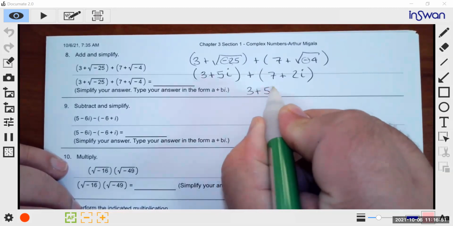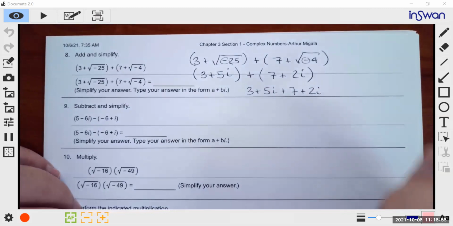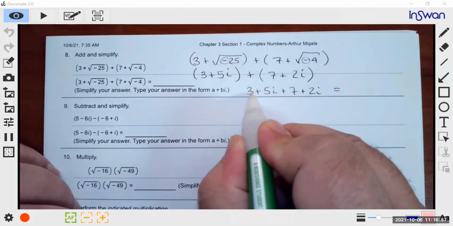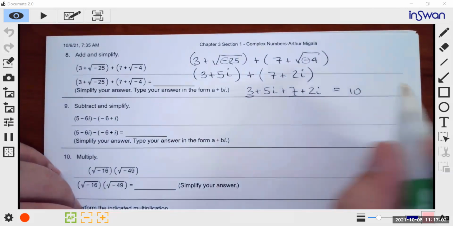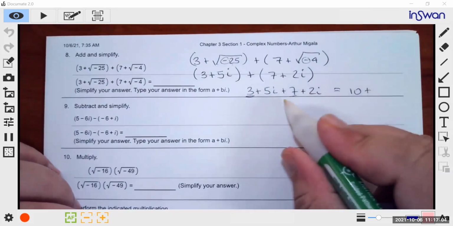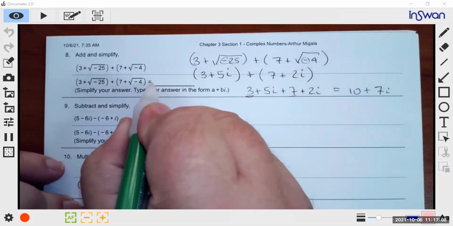So we have 3 plus 5i plus 7 plus 2i. 3 plus 7, 10. 5 plus 2 is 7i.